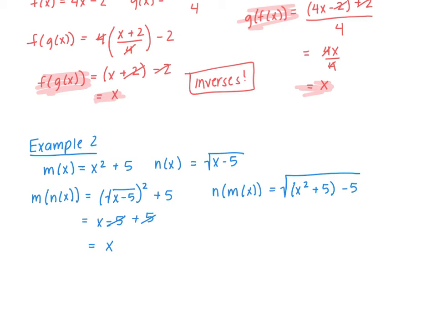So under the radical, our 5 is going to cancel out with the negative 5, and that leaves us with the square root of x squared. And the square root of x squared is just x. So again, we have m of n of x is equal to x, and n of m of x is also equal to x, so that means that these two functions are inverses of each other.